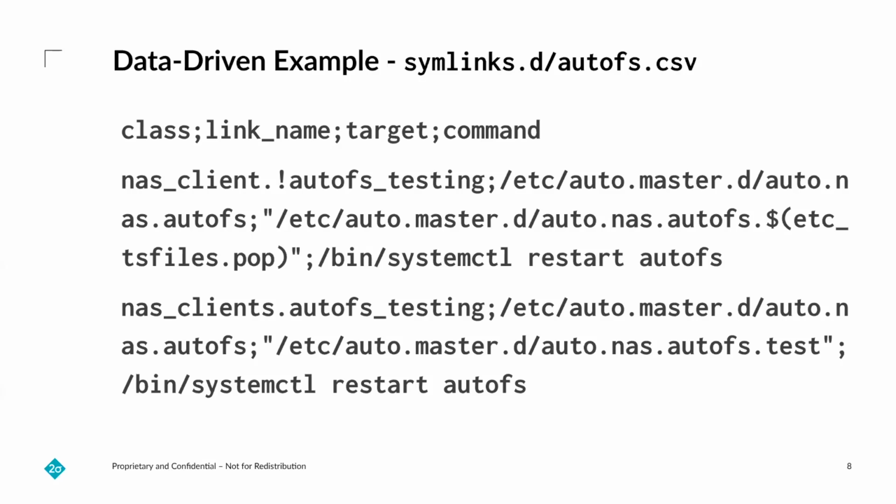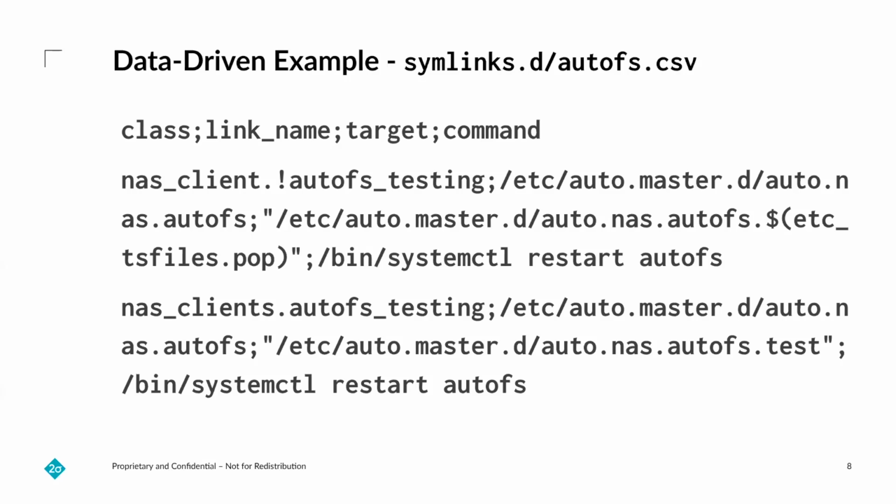I also see here that you've got CFEngine variables inside of the data. Correct. It's dynamic data at that point. It's data that we know we have somewhere in our CFEngine policy. So you see this thing says etcts files dot pop.